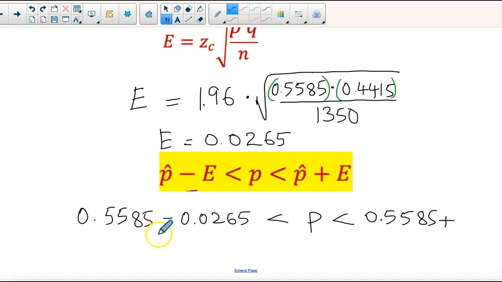On the left side we subtract, and on the right side you just add.